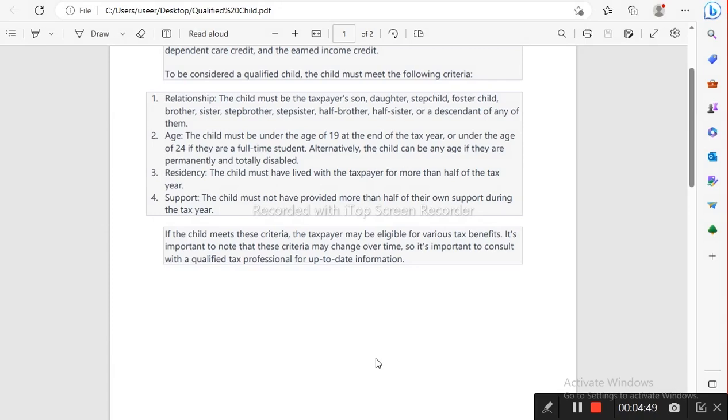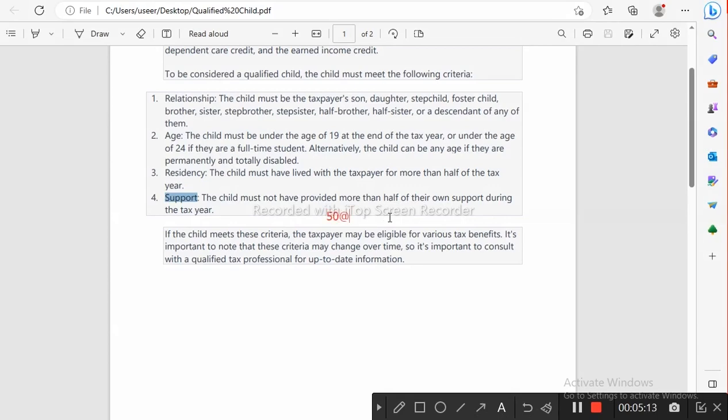The last test is support. What kind of support are you giving to your child? The child must not have provided more than half of their own support during the tax year. It means they don't bear 50% of their own expenses.